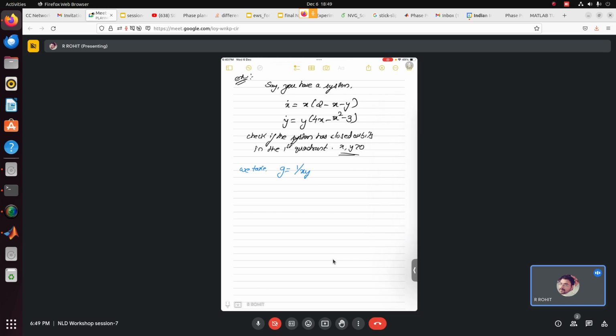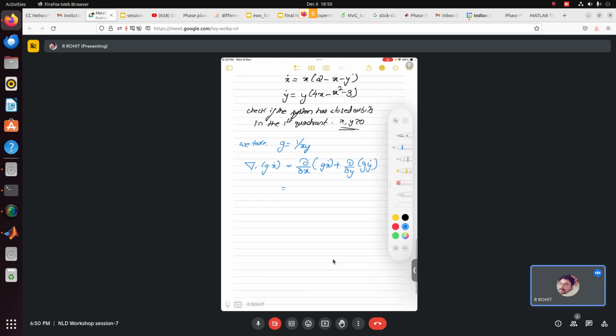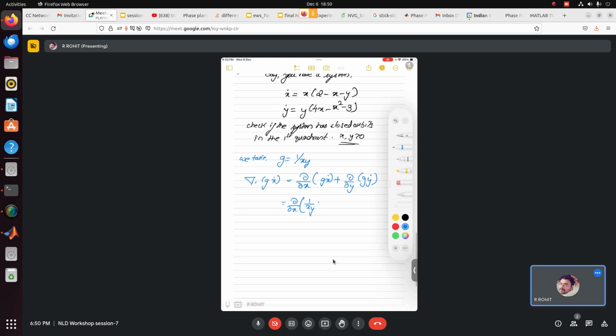The condition you need to check is del of g x dot, which is dou by dou x of g x dot plus dou by dou y of g y dot. Taking g as 1 by xy, x dot from the given equation is x times 2 minus x minus y, and y dot is y times 4x minus x square minus 3.